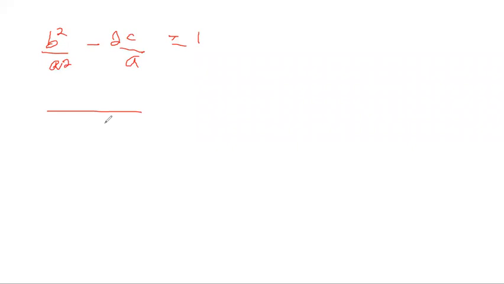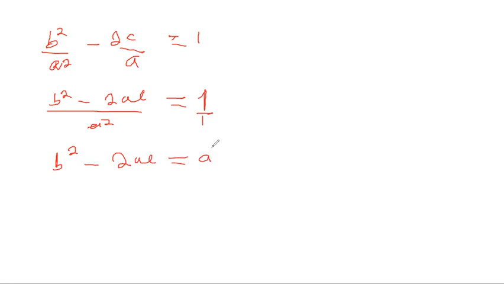We can find the LCM here, which is a squared. This will remain as b squared minus 2ac, and we put this to 1. Are we there? Yes. And then we can cross multiply, then we have b squared minus 2ac equaling a squared. Are we there? Yes. So what had we wanted at first?